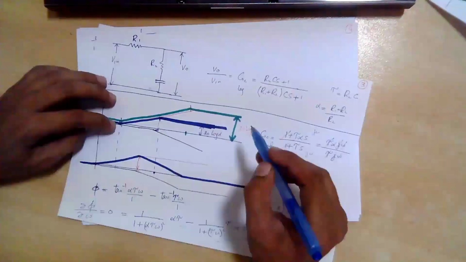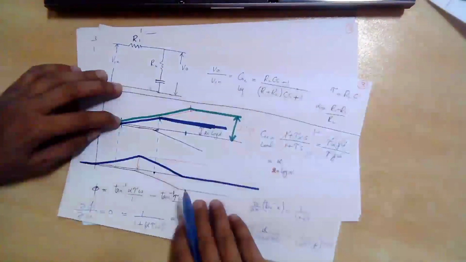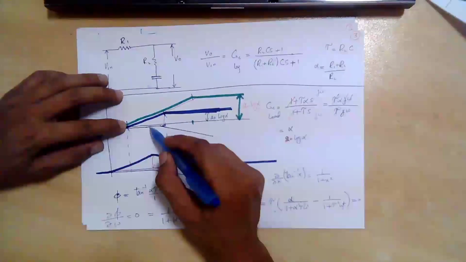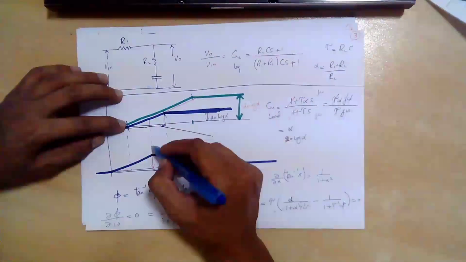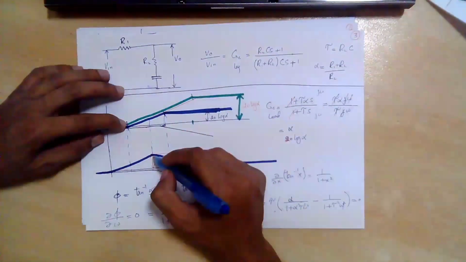So if there are two corners, it's very obvious that this frequency is just right in the center of the two corners. The maximum value will be right in the center of two corners.